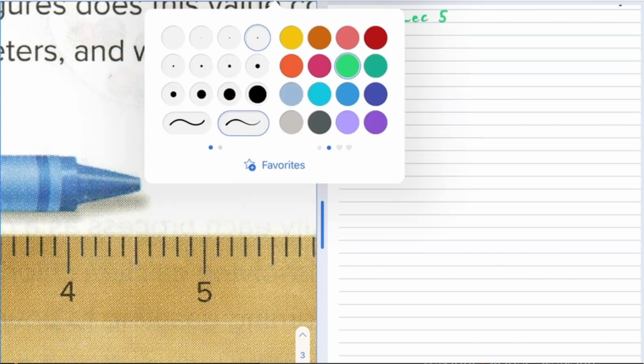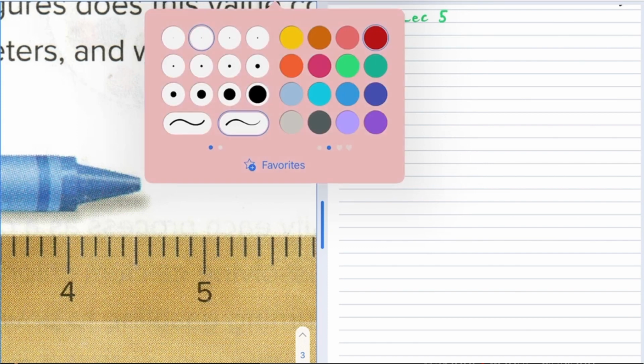So I want to get a little bit finer, pencil, and let's just kind of, so there's 4.5, there's 4.6, and it looks to me like it's closer to 4.5, but it's a little bit more than 4.5.